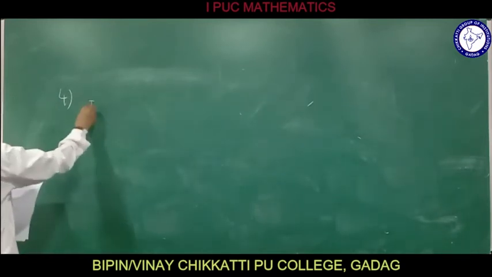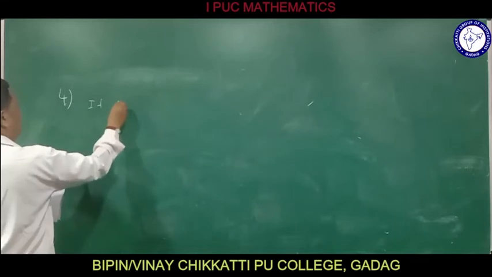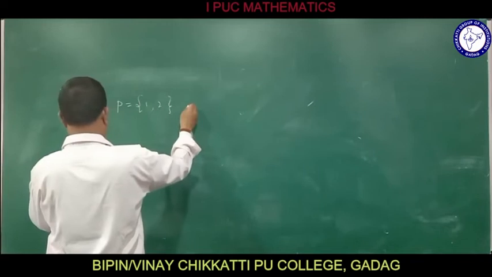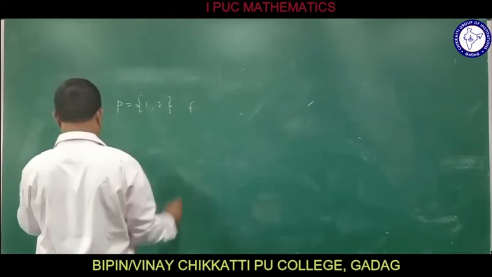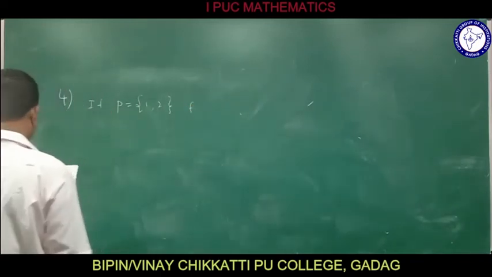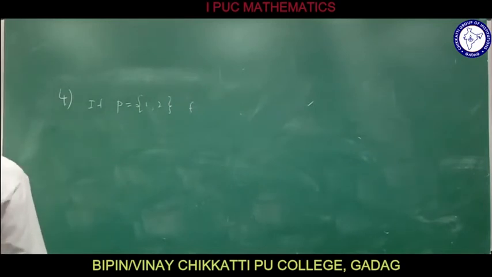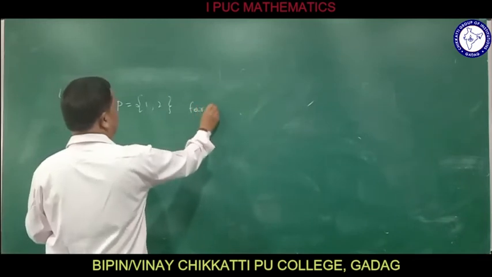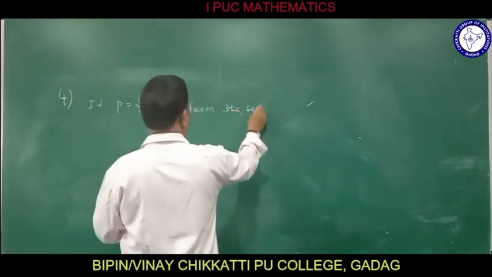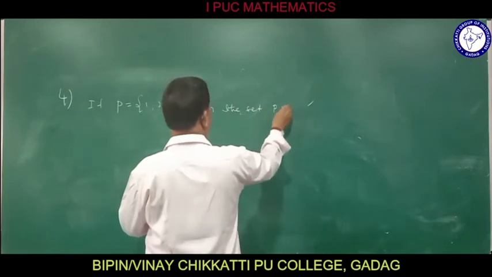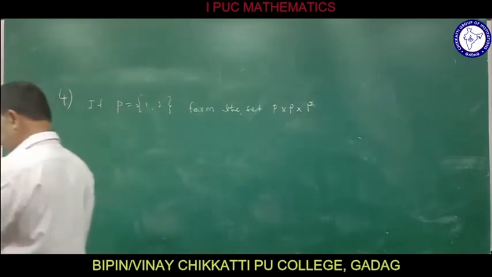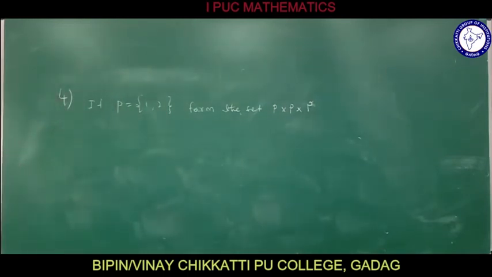See, the question is, if P is equal to {1, 2}, form the set P cross P cross P. So here you have to understand how to form this set.